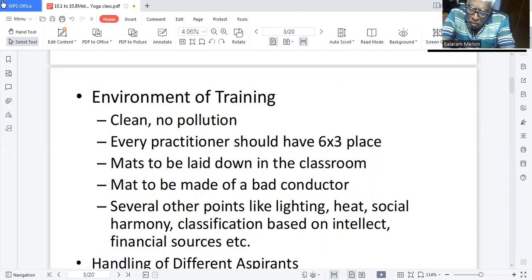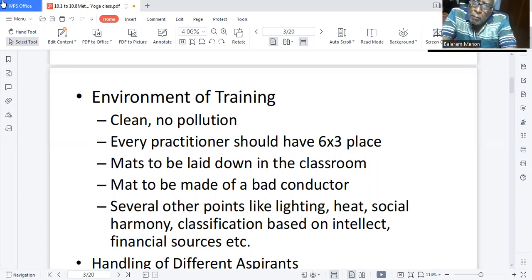In olden days, Rishi Munis used to use what is known as the tiger skin. Tiger skin is the highest bad conductor of electricity. It absorbs the maximum heat from the body. That's why the Rishi Munis used to stay for hours together. So they reached the higher stage of meditation on that tiger skin mat.